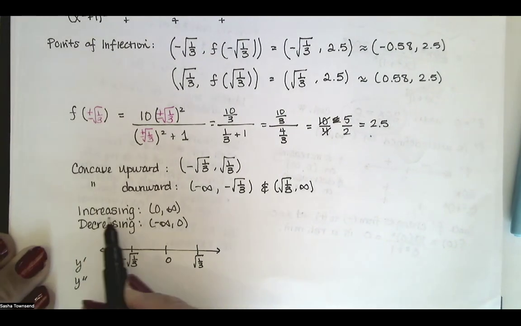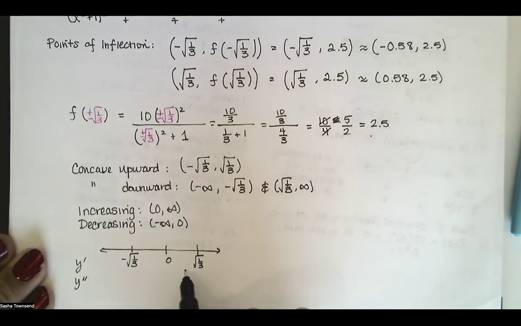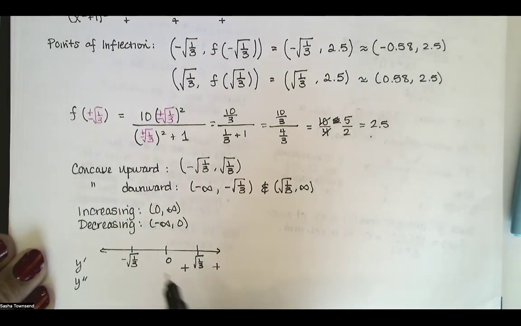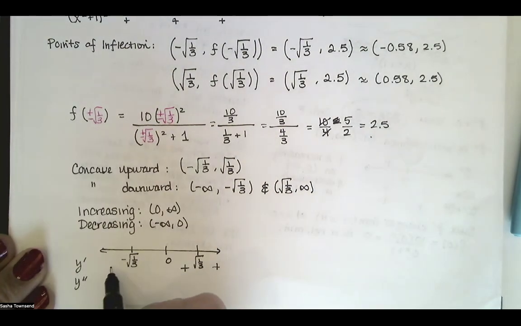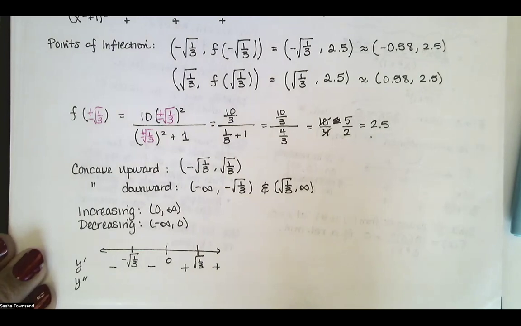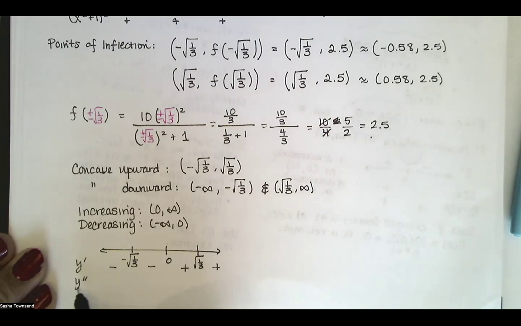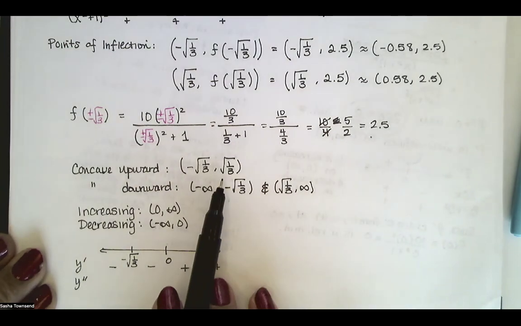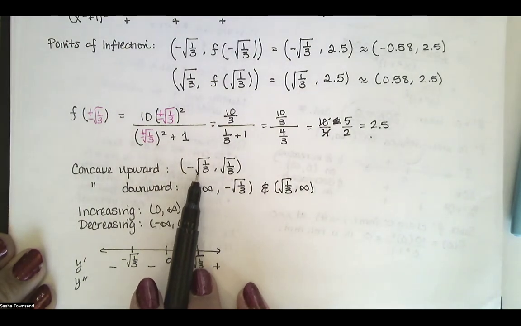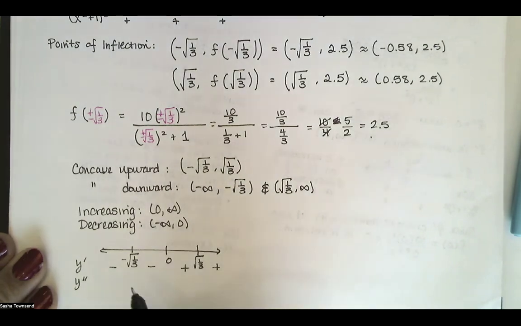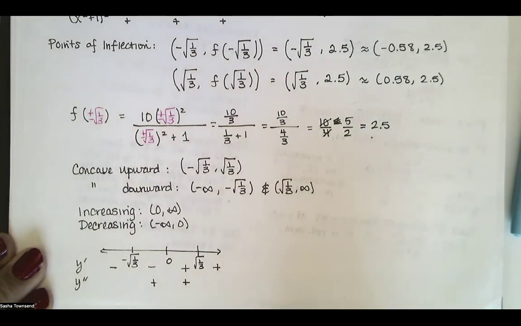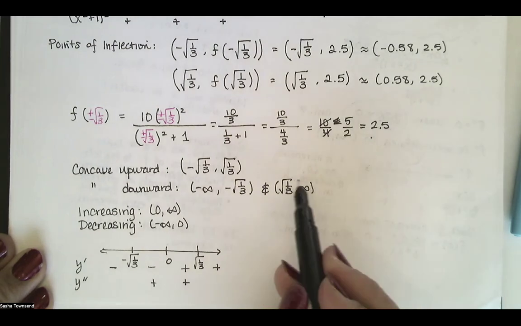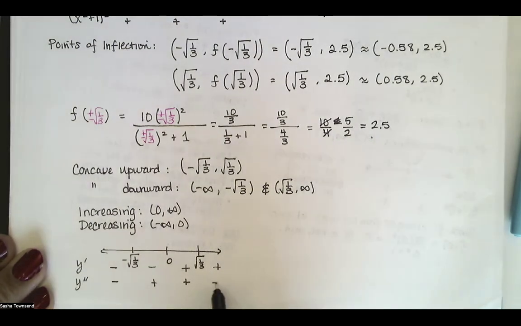Well, the function is increasing on 0 to infinity, so y prime is positive there and there. It's decreasing on negative infinity to 0, so, excuse me, y prime is negative there and there. And then y double prime is positive between the negative square root of 1/3 and the positive square root of 1/3. So it's positive here, and then it's negative on these 2 intervals.